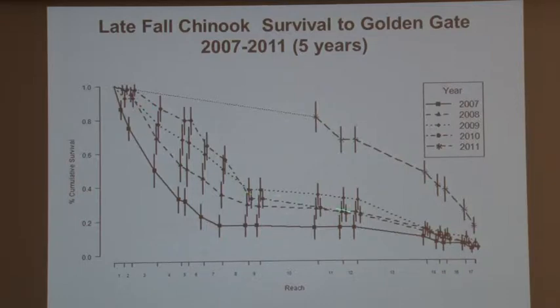So you get a feeling for the patterns of accumulating mortality over time. So we see in the dry years a fairly rapid die-off of the fish as they're moving down in that upper river. They hit the lower river. There's very good survival through here. And then through the Delta, the numbers drop again, finally reaching fairly low levels of survival to the ocean of 5 to 7%.